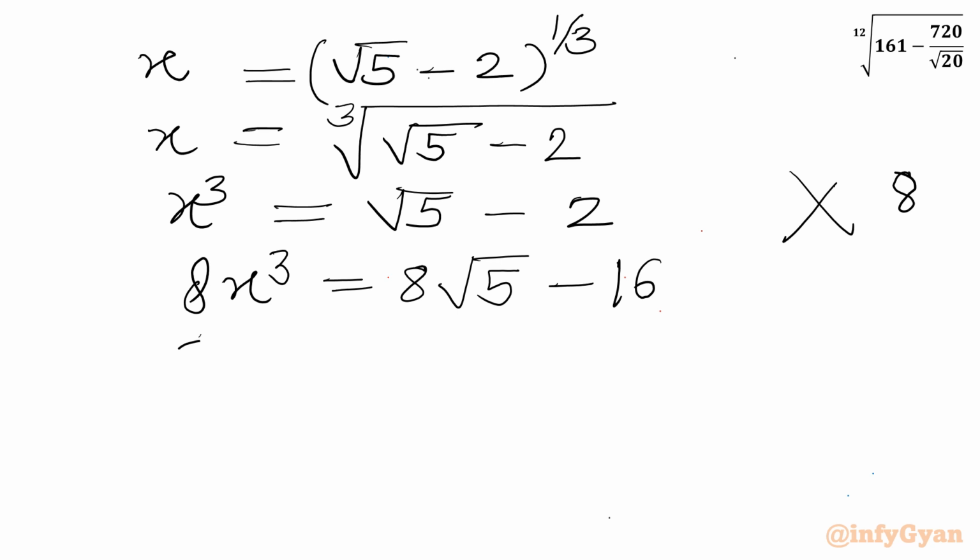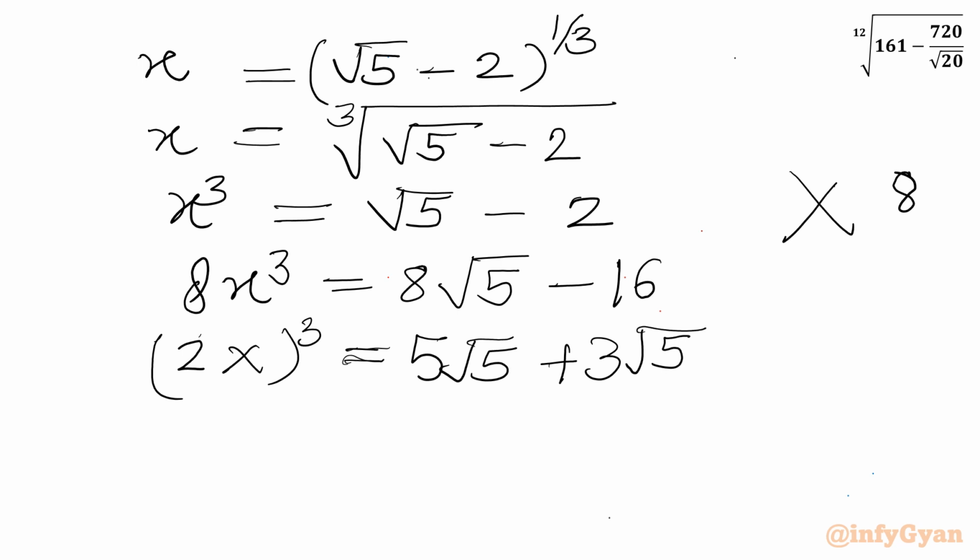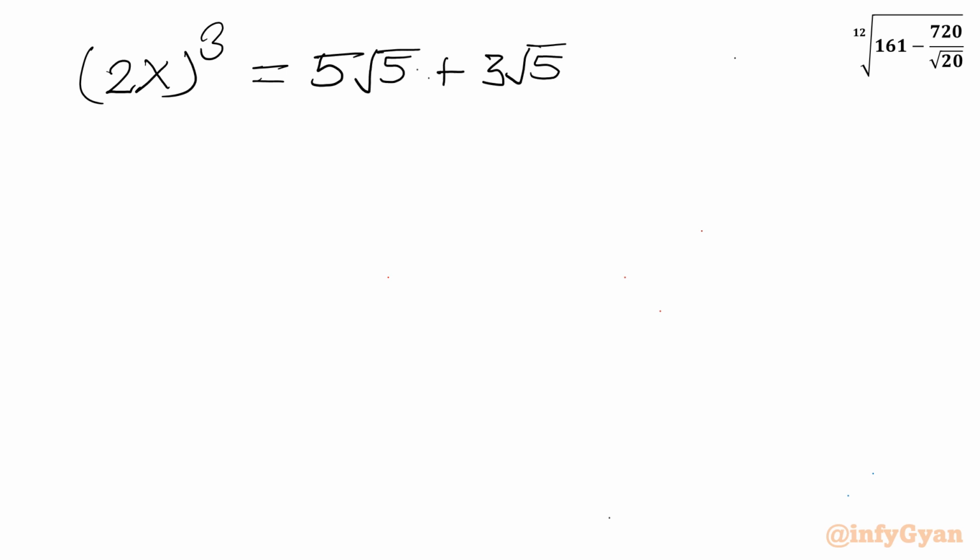Left hand side I can write it is 2x whole cube. Right hand side 8 root 5 I will split 5 root 5 plus 3 root 5 minus 15 minus 1. This is a split of 16. So 2x whole cube is equal to 5 root 5 plus 3 root 5 minus 15 minus 1.